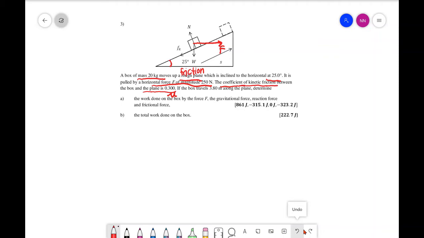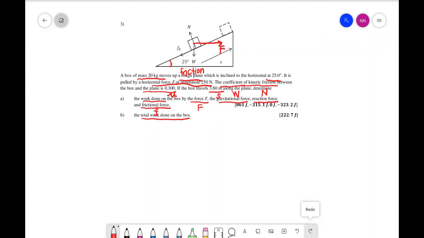If the box travels 3.8 meter along the plane, determine the work done on the box by the force F, work done by the gravitational force, which means work done by the weight, work done by the reaction force, which is the normal force, and work done by the frictional force. And then B, the total work done on the box.